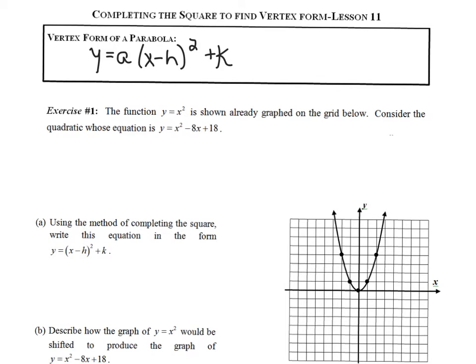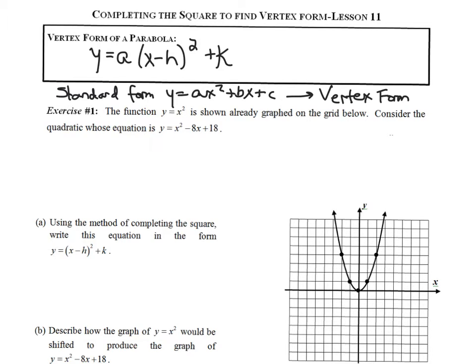If we can rewrite our parabola from standard form, and remember that standard form is just the form that we have been working with all along, y equals ax squared plus bx plus c, to convert it over to vertex form, then what we will be able to do is just look at our equation and tell what the vertex of our parabola is.